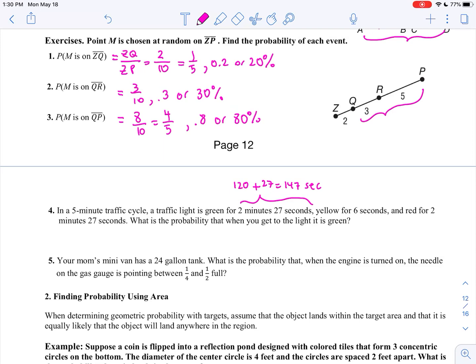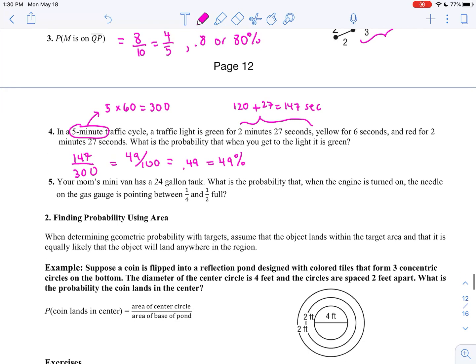So that's the lapse of time for green. We're going to put 147 over a total time span of 5 minutes, and 5 minutes converted to seconds is 300. So 147 over 300 reduces to 49 over 100, and that is 0.49, or 49%.